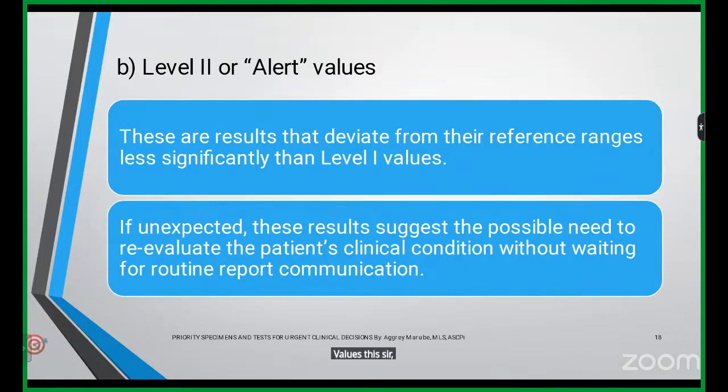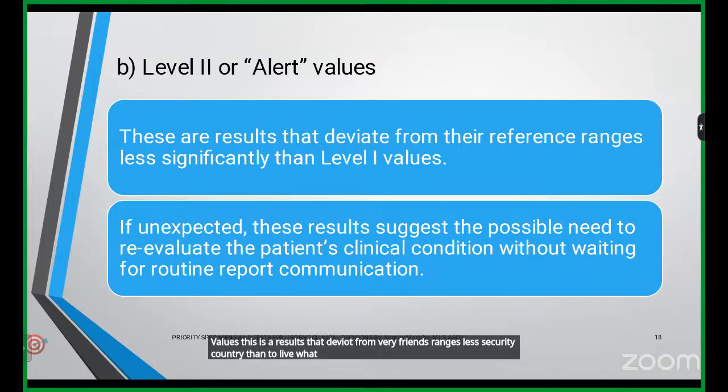These are results that deviate from their reference ranges less significantly than the level 1 values. The level 1, as we've stated, are critical values. These results suggest a possible need to reevaluate the patient's clinical condition without waiting for routine report communication.